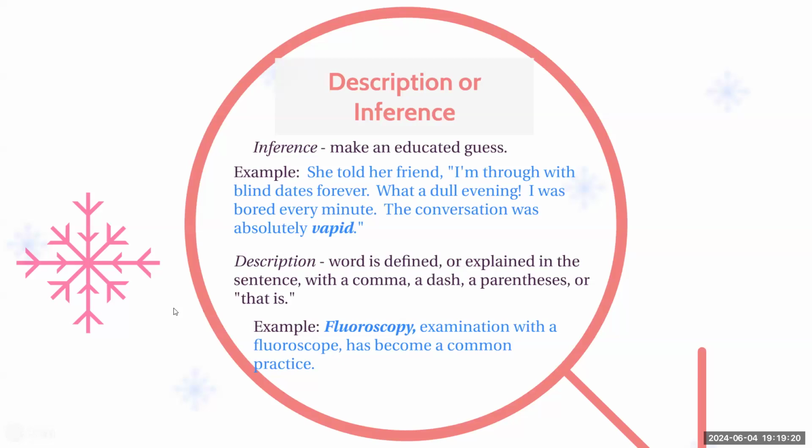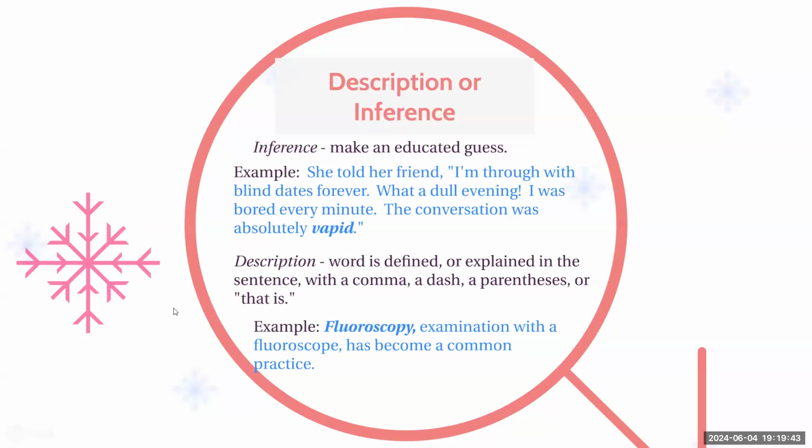Where was she? What are blind dates? Does anyone know? Blind dates are the dates that you're set up with someone, you don't know that person. So you've never seen them and your friend goes, oh, let me set you up with so-and-so. Those are blind dates. Is she happy about them?